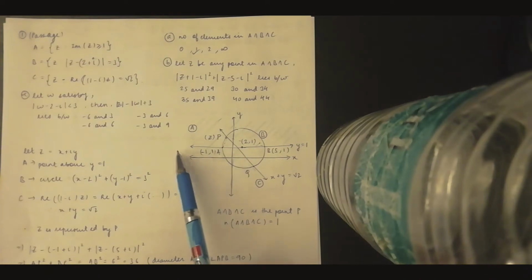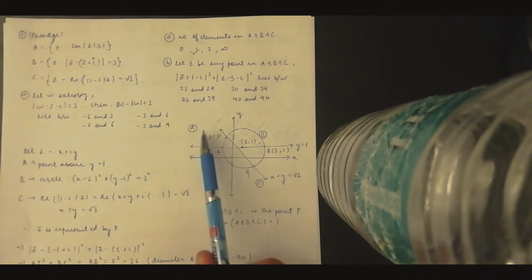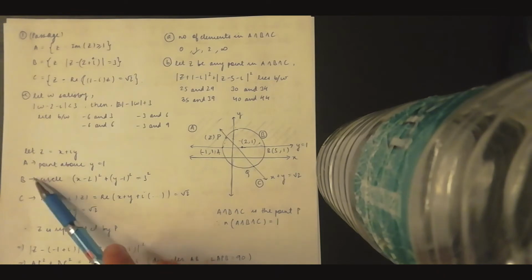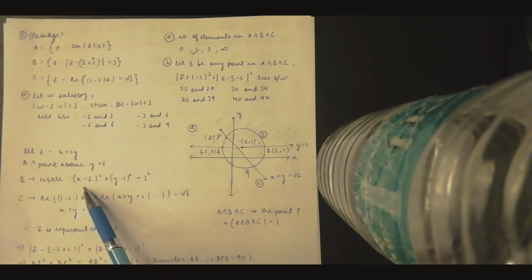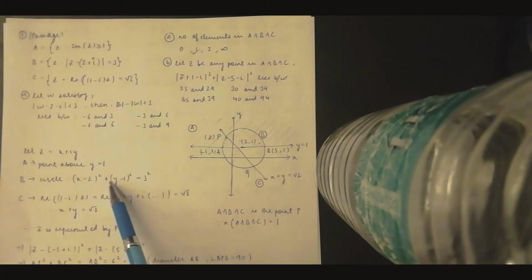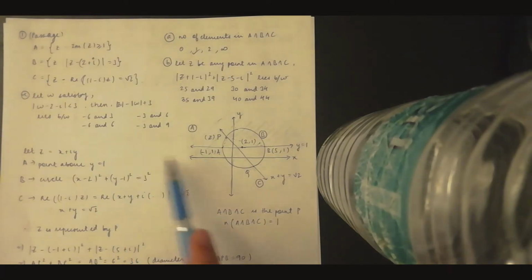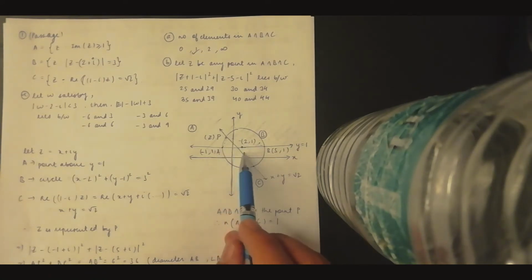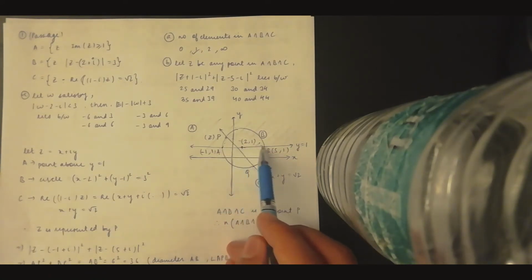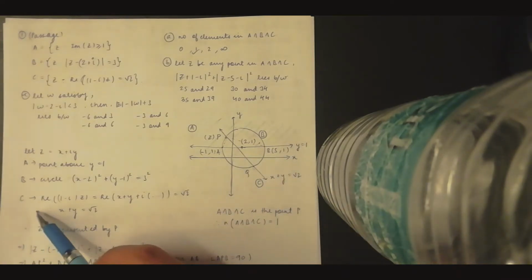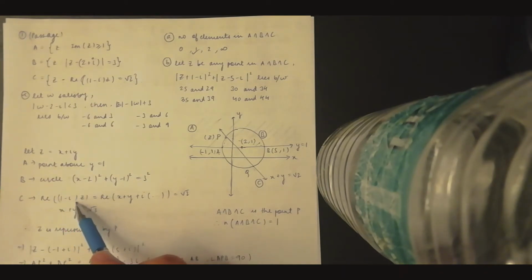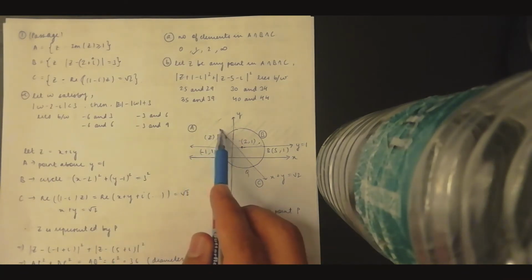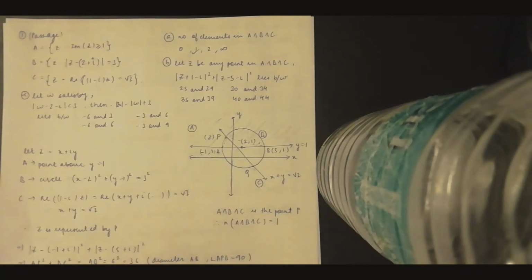If this is the Argand plane and this line is y = 1, all these points are A. B is a circle (x - 2)² + (y - 1)² = 3², basically a circle with center (2, 1) and radius 3. And C, after solving the real part of this complex number, we get x + y = root 2. So all the points on this line signify C.